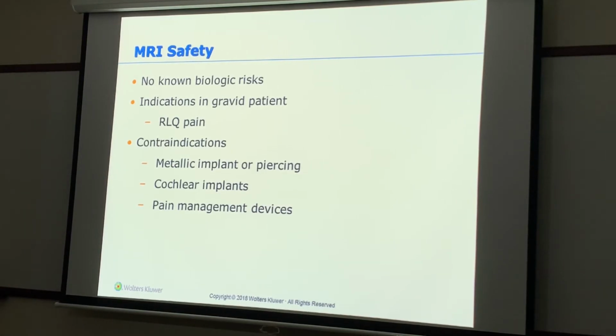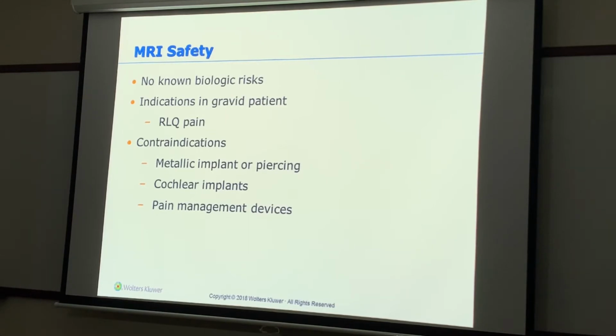But if you have any type of an implant, like a pacemaker or cochlear implants, like Miss Laura wouldn't be able to have an MRI. Because she's had one of the things in her ear replaced.